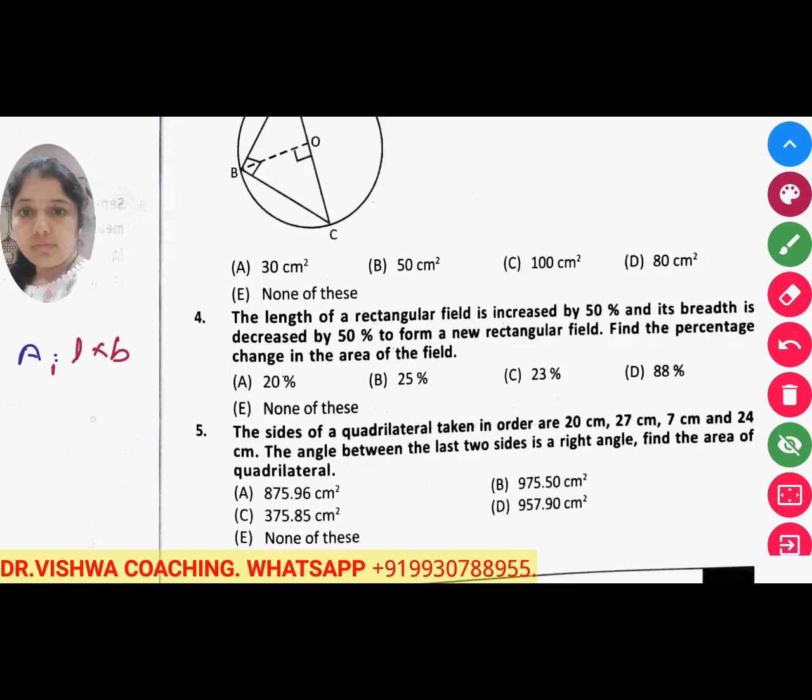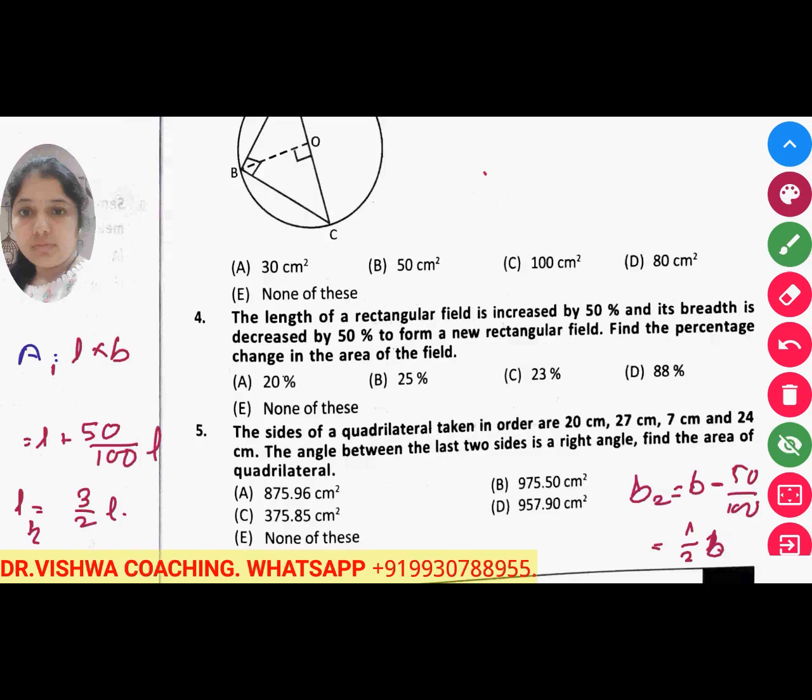Now length is increased by 50%, means L plus 50 upon 100 L is equal to the new length. Okay, so it is 3 by 2 L. 3 by 2 L is the new length, L2 we can say. And breadth is decreased. So B2 is B minus 50 upon 100 B. So it is 1 by 2 B.